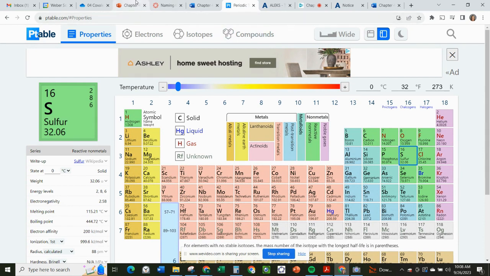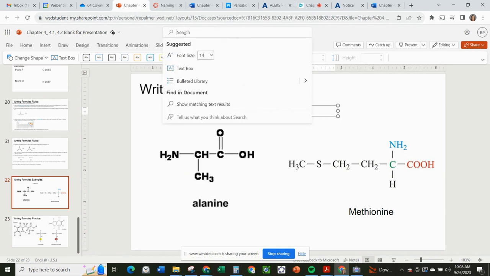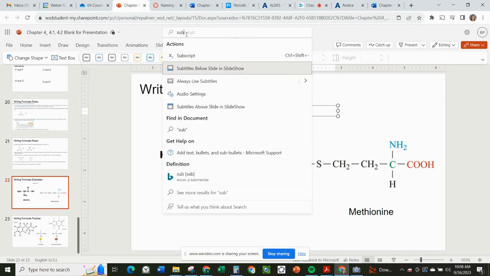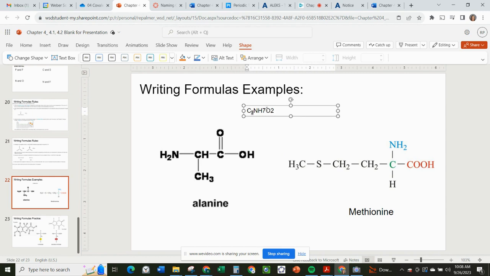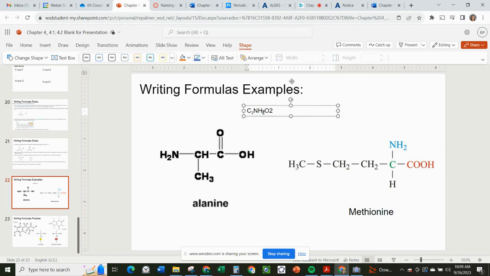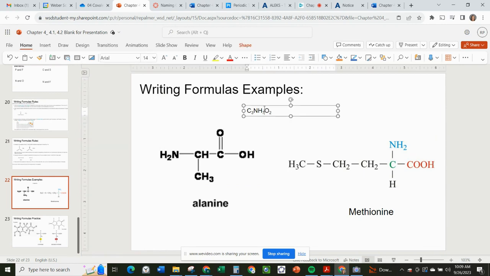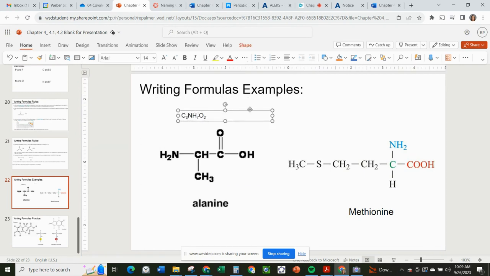Okay, so we're close, and then we just have to go back and subscript these, which I don't think the online version subscripts. Okay, I'm not going to do this for all of them, but those should be subscripted. Okay, so that is our chemical formula for alanine.